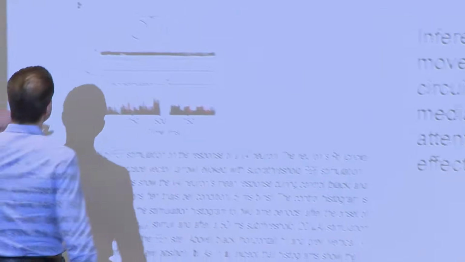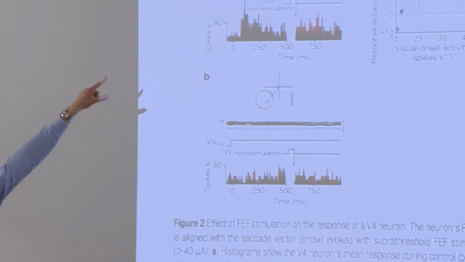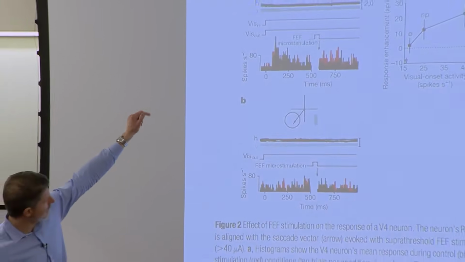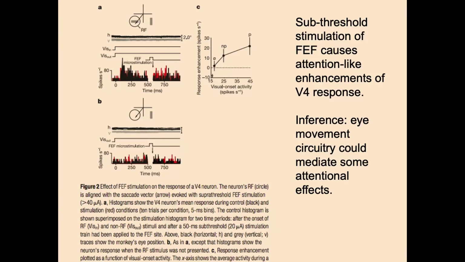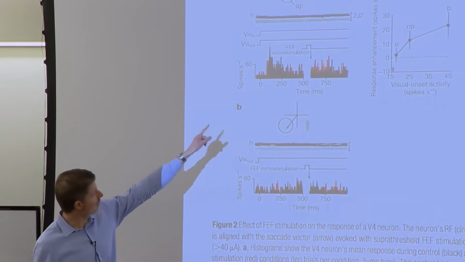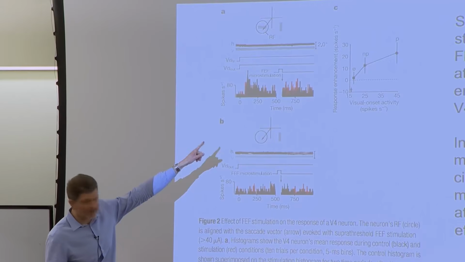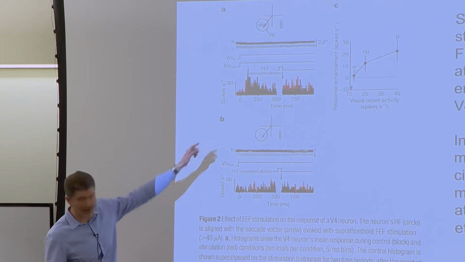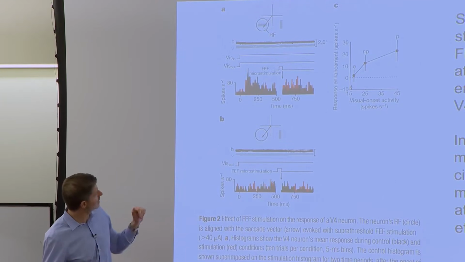So they've got stimuli that are being presented in the receptive field of the V4 neuron, and they're measuring the responses with and without frontal eye field microstimulation. Okay? And so the red response is what happens following the microstimulation, and the black response is what happens without the microstimulation.